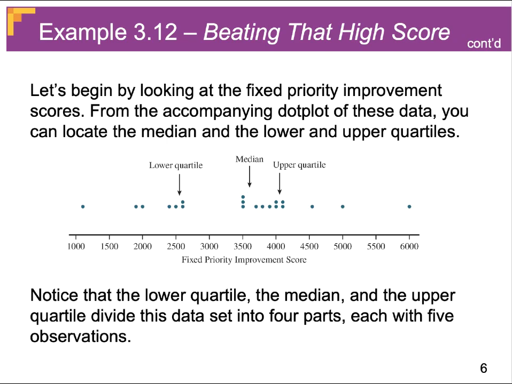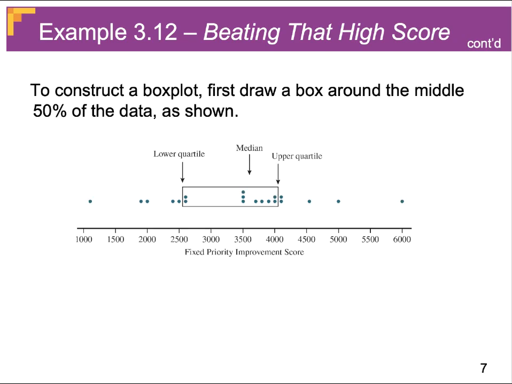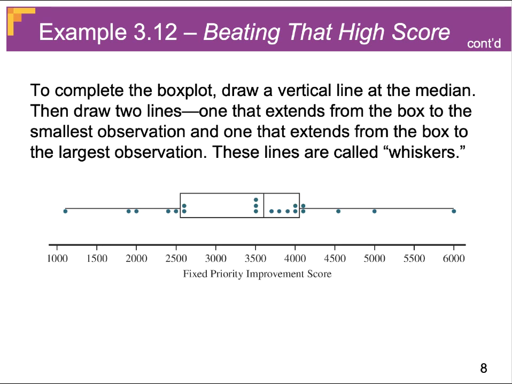If we were to draw a box from the lower quartile to the upper quartile, that box is our interquartile range. We then can add a line at the median, and then we can draw tails going to the lowest value and the highest value. That would be a box plot. Now, we would not also have the dots in our final box plot, but I wanted you to see the connection between making a dot plot and making a box plot.